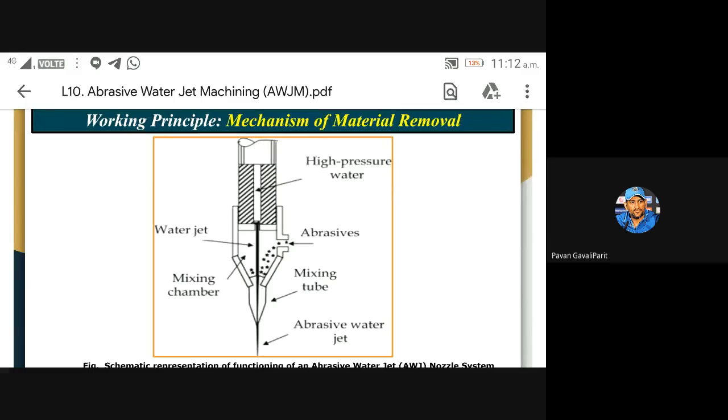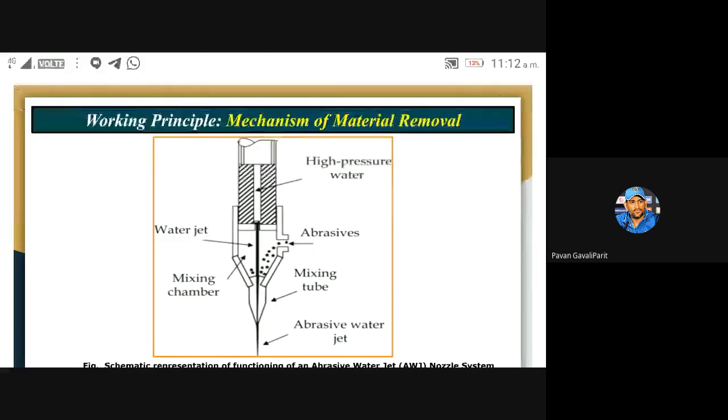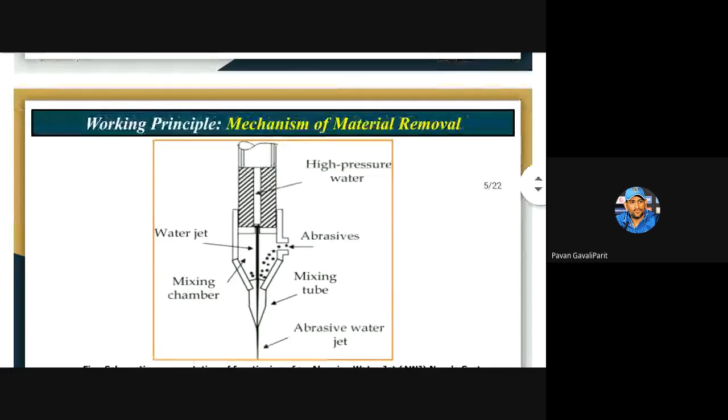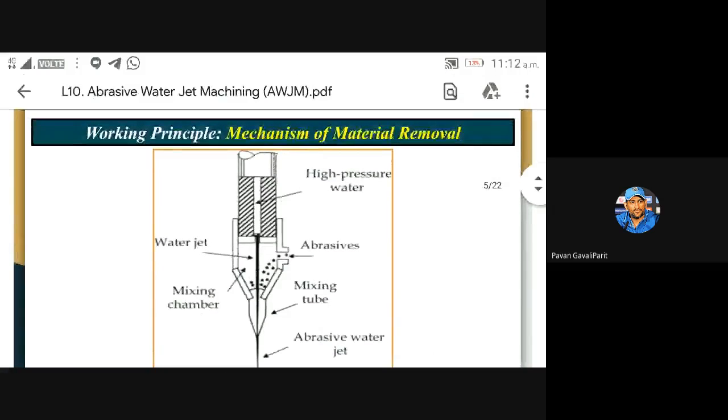And then here we have the orifice, through which the water jet comes out at a very high speed, a very high velocity. As we can see here, the velocity of the water jet can be as high as 800 to 900 meters per second.